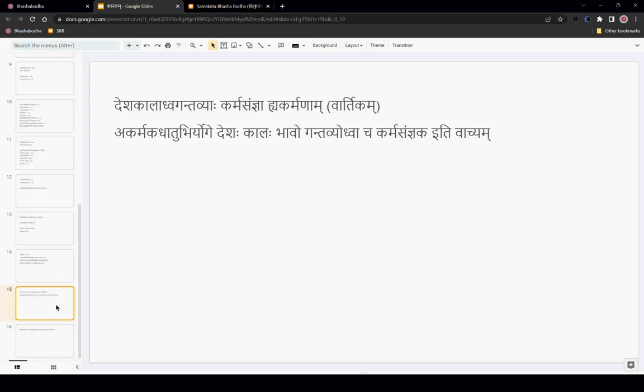Now comes the Dvikarmaka Dhatavaha. There are some dhatus which are Dvikarmaka, which take two karma padas. In that case also Dvitiya Bhakti is applied. So we'll see some examples here.